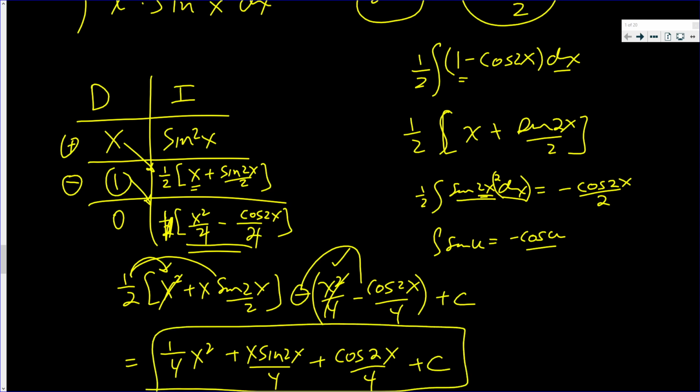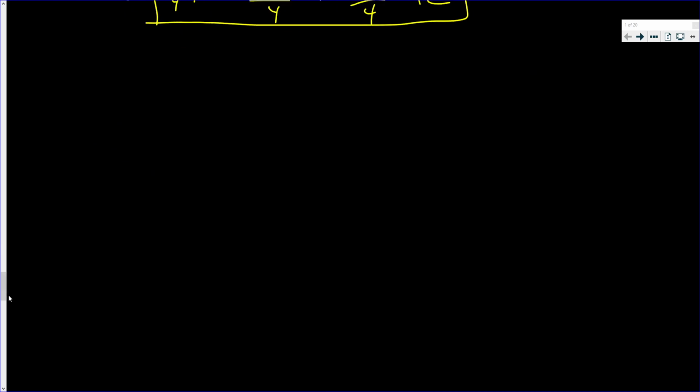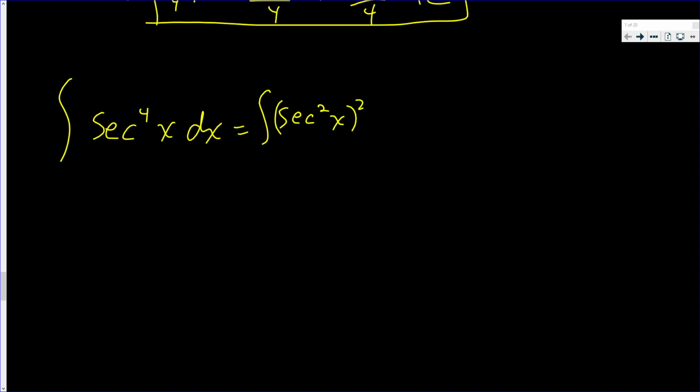Okay. Now, let us try this last one. Last one's going to be not trivial, in my opinion. Suppose you have secant to the 4th x dx. Now, you kind of get stuck here. So maybe you'll convert to tangents. So secant to the fourth x is (secant squared x) squared dx.